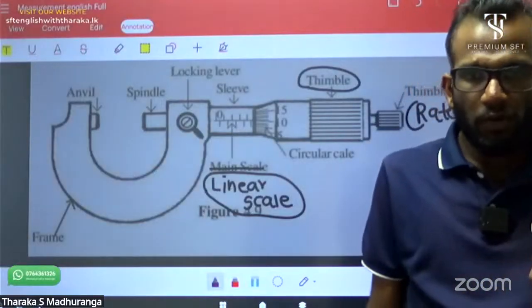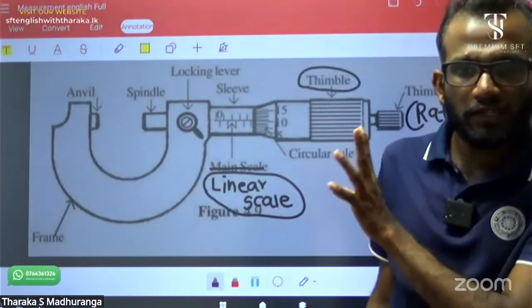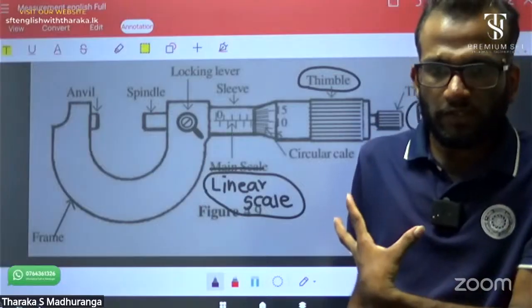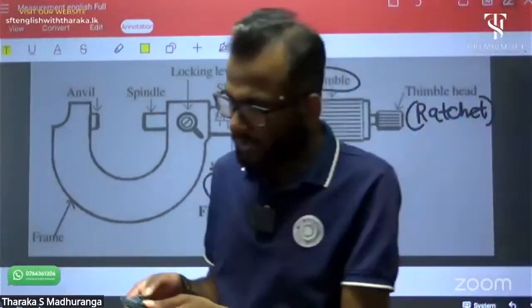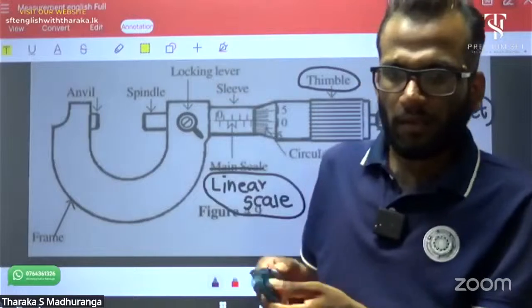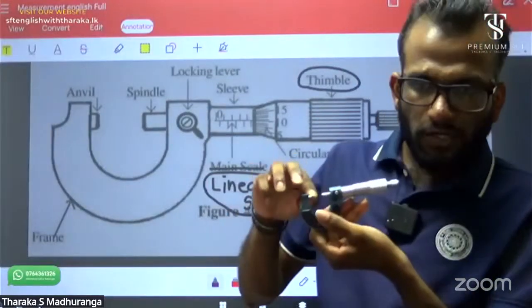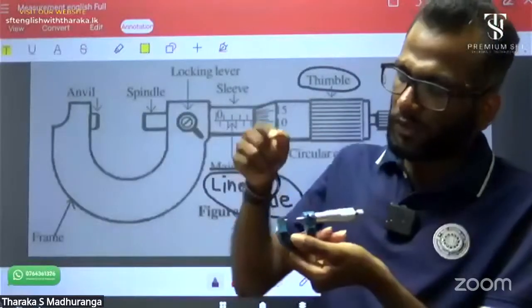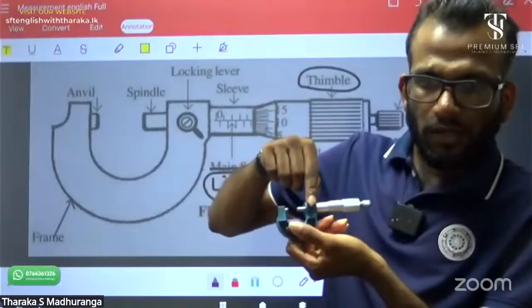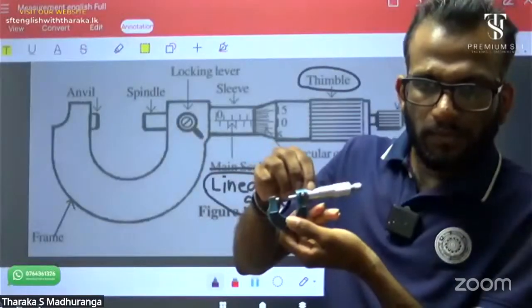Do you remember all the parts? Because without these parts we can't continue this lesson. Happy? Let's try one more time. This one? Anvil. Spindle. This one? Locking lever. This one? Sleeve or linear scale.